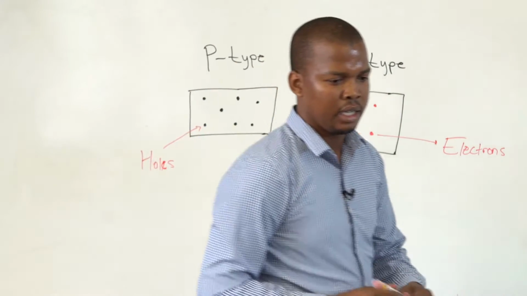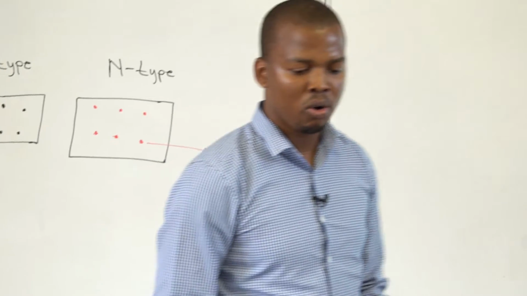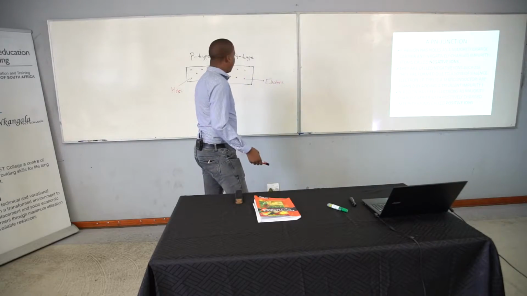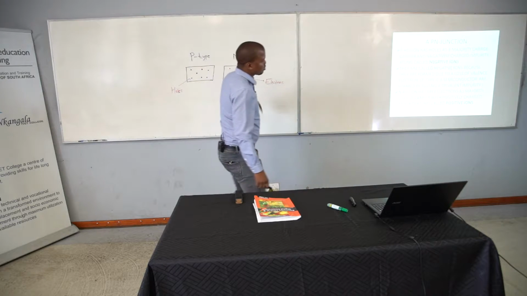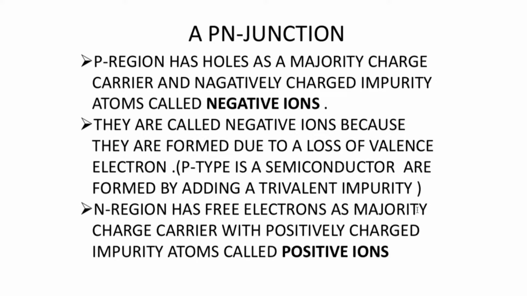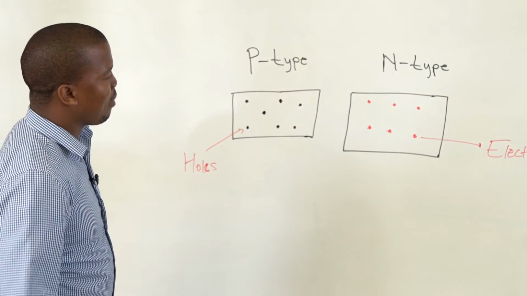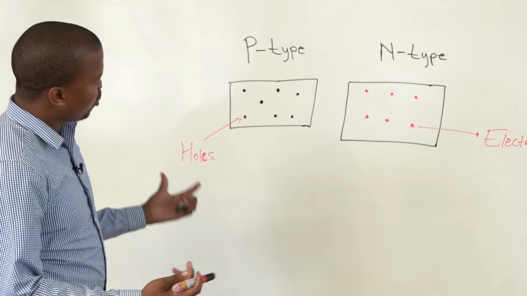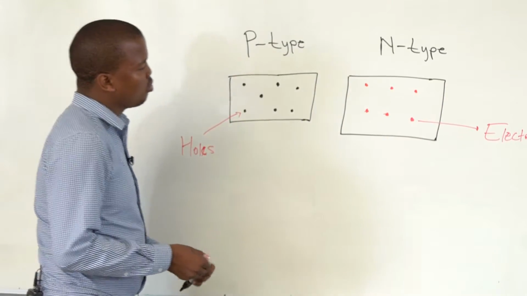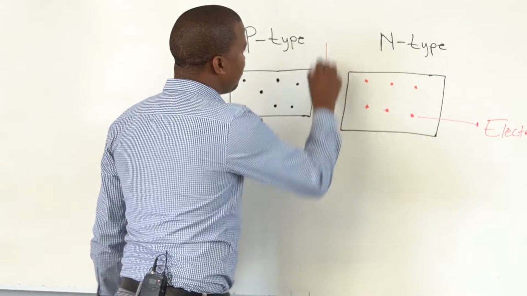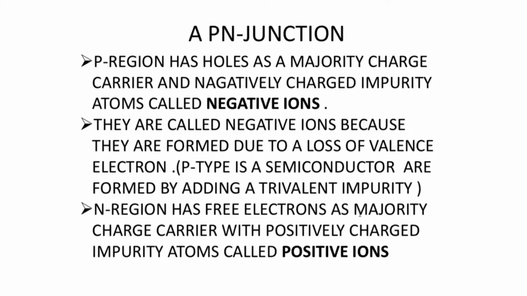In this case, the P region has holes as majority charge carrier, and the N-type has electrons as majority charge carrier. So in the formation of a PN junction, since I've told you that a P-type and N-type are not useful when they are working alone, you need to combine the two. When you combine the two, you introduce a junction in between the two.